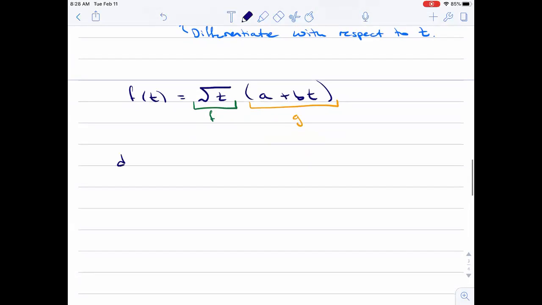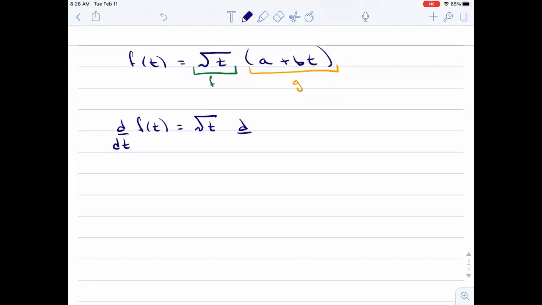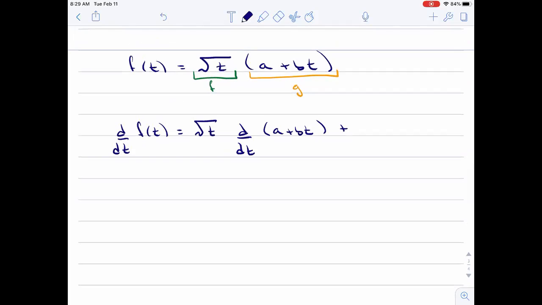Then let's do d dt of f of t, which is going to be, let's just go straight to root t, d dt of g, which is a plus bt, plus, and then we hold g steady, so a plus bt, times the derivative d dt of root t.